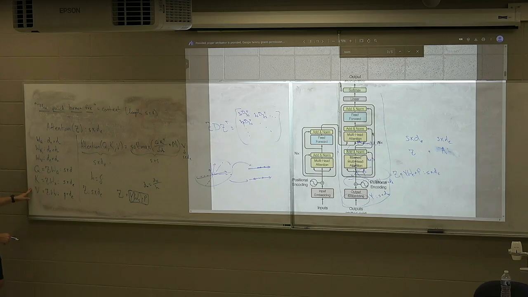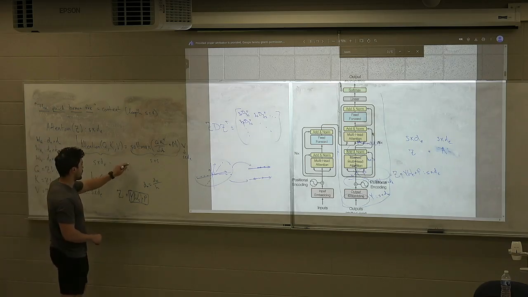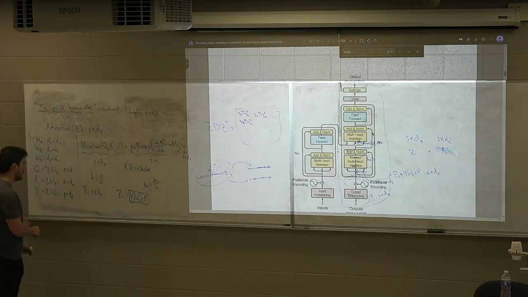And this gives you what's called KV caching. If you look it up online, it's the KV cache. I can't think of why it isn't a QKV cache. It doesn't make sense to me.